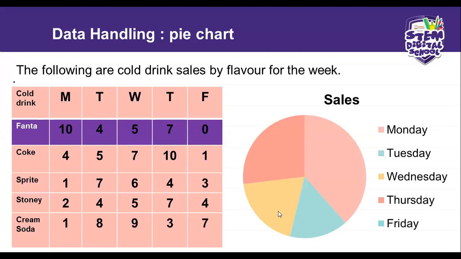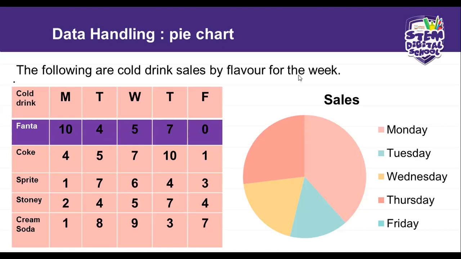So it does tell us that pictures do tell a story. You can actually do a report just based on graphs. So that is the fun of data handling. And then for Tuesday it was 4, which is the lowest.